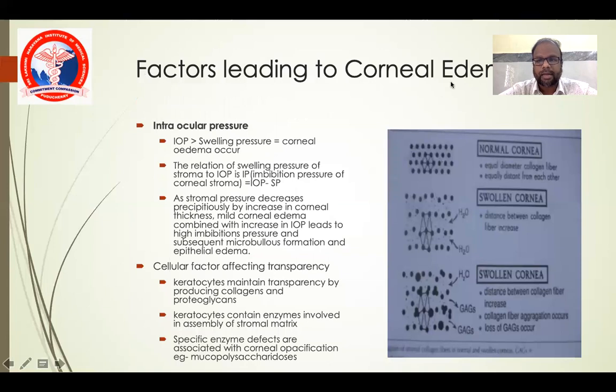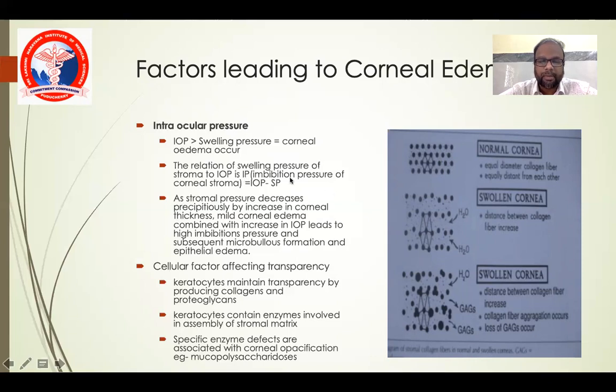Okay. So next, coming to the factors which lead to corneal edema. So what causes corneal edema? First is the intraocular pressure. When the intraocular pressure is more than the swelling pressure, there occurs corneal edema. When there is an increase in intraocular pressure, the water is pushed into the cornea, thereby causing edema of the cornea. The relation of swelling pressure of stroma to the intraocular pressure is the imbibition pressure.